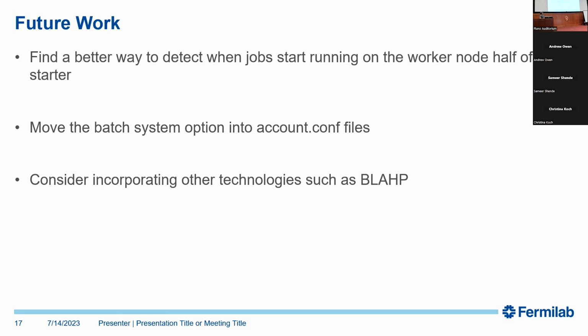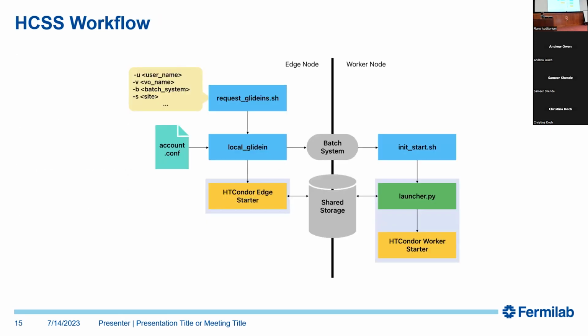But the first one here is the biggest concern that I have. Because of the way it works, let me just go back a few slides here. What happens is that they start running on the edge node here. We will start running immediately when you call the local gliding script here. It will report back to a control pool and make itself available to run jobs.